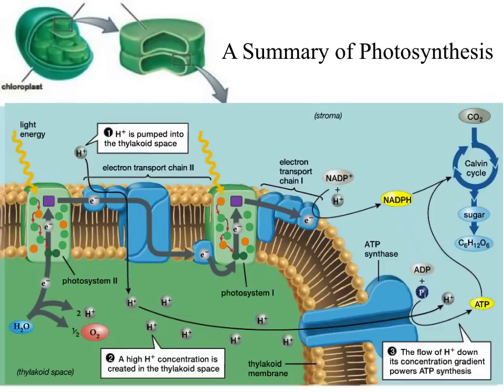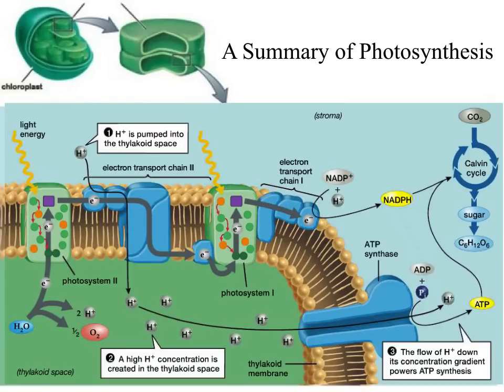Once again, the arrow points up. Energy is once again put back into the electron, energized, and once again, energy is depleted out of the electron in electron transport chain 1.